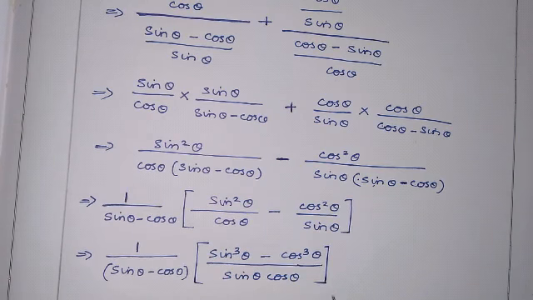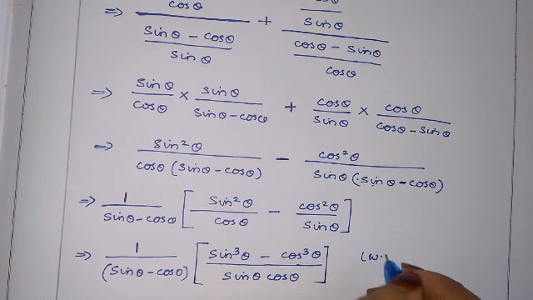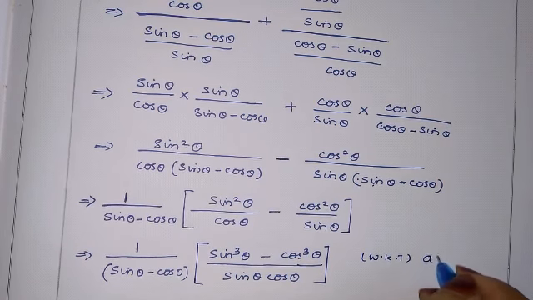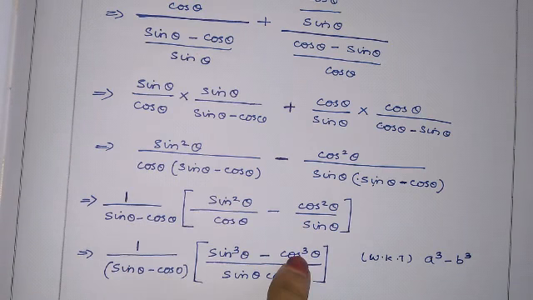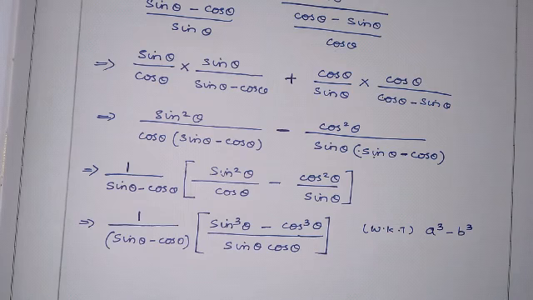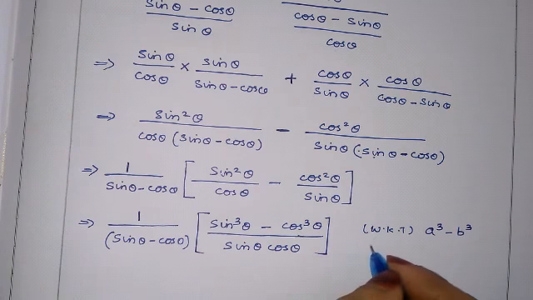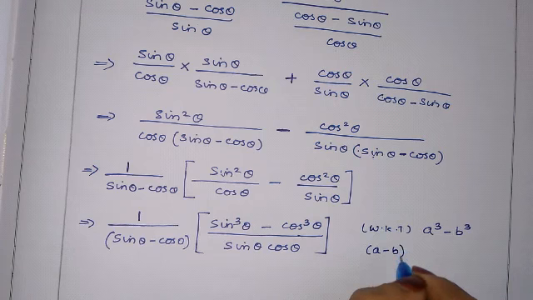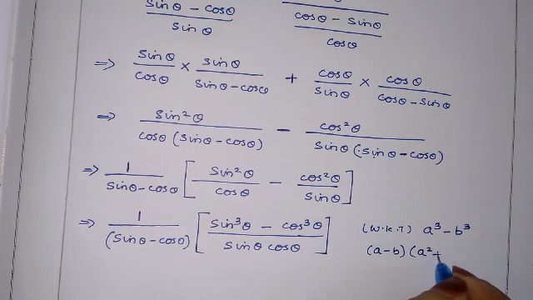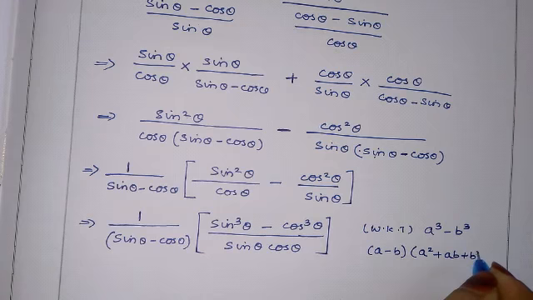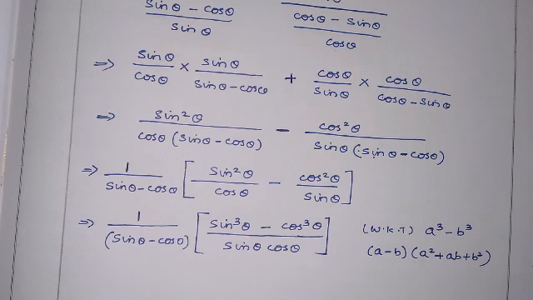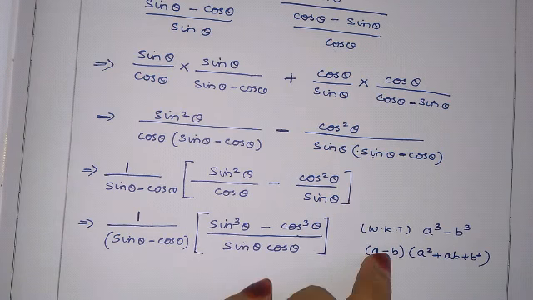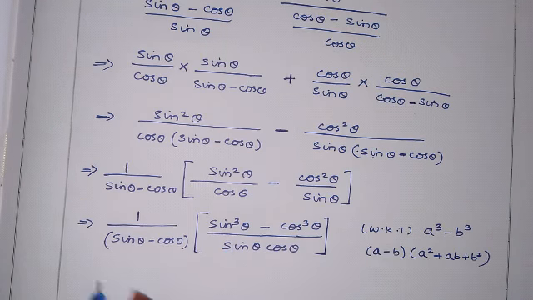Now we know the formula for a cube minus b cube: a minus b into a square plus ab plus b square.